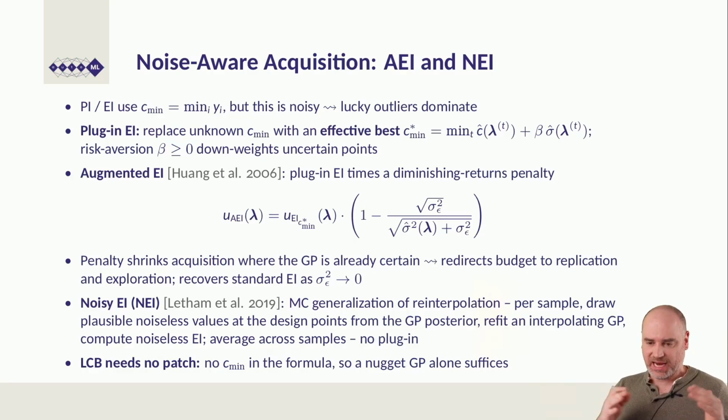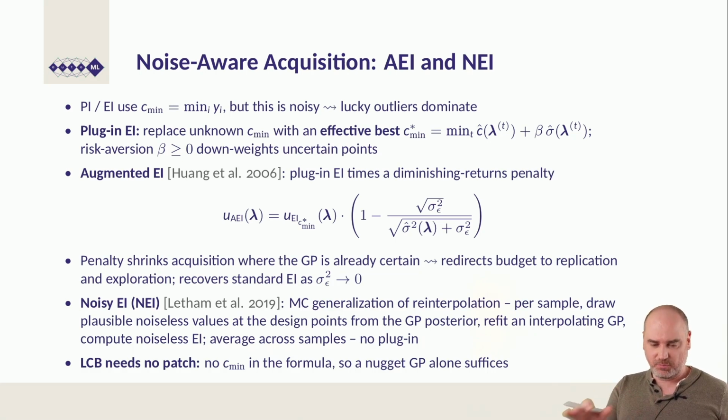At the design points, these are the training points of our GP, we sample from our current GP model, but we sample in a noiseless manner. And then we refit an interpolating GP, where we now pretend that this doesn't have any noise anymore. We compute a noiseless version of the expected improvement.